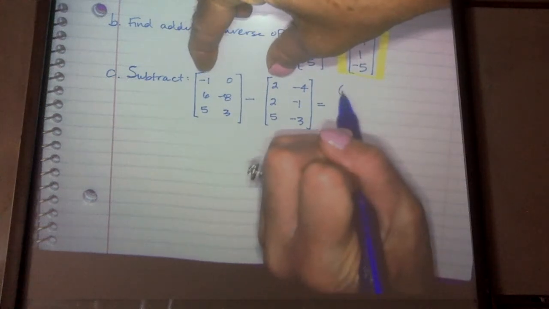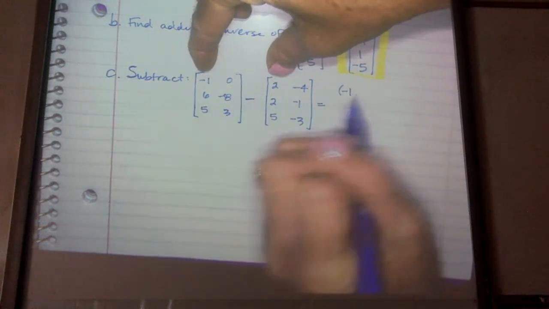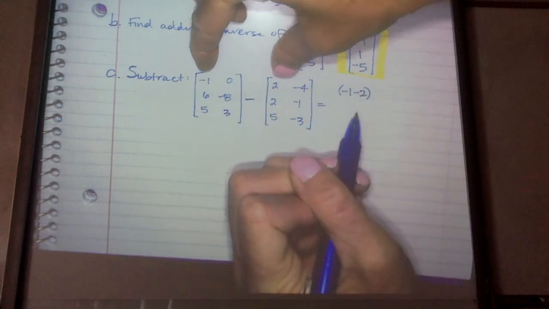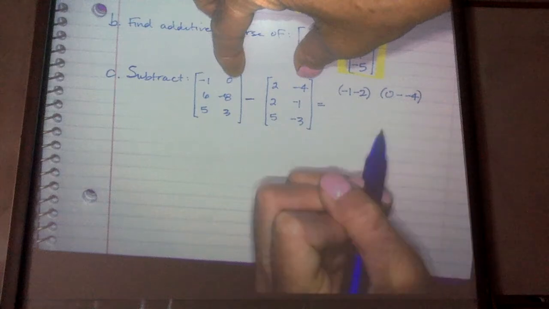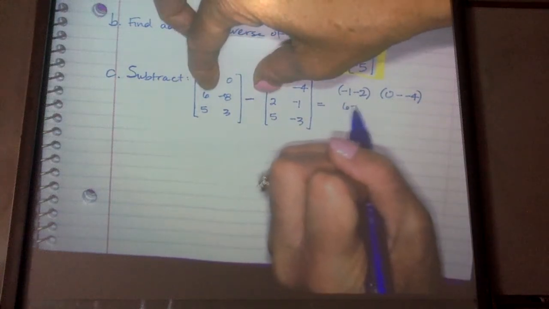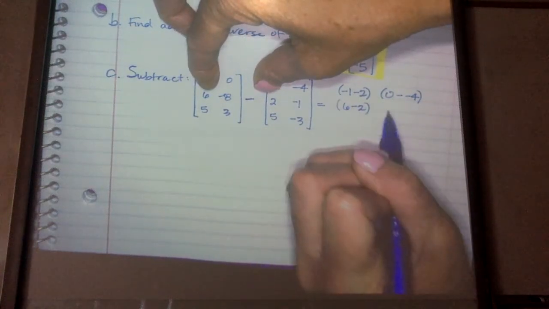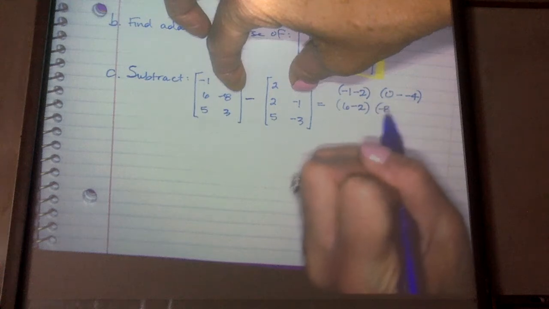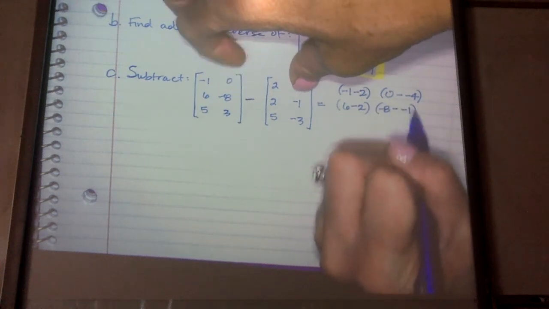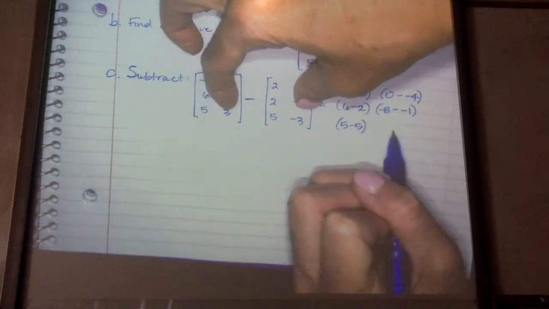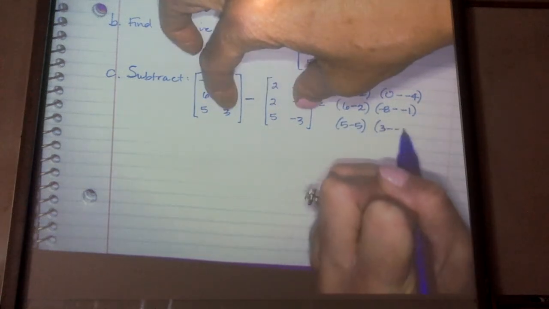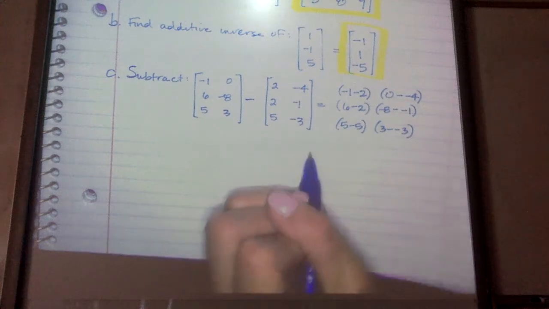So I'm going to just line them up in matching position. So this first is negative 1, but they're asking me to subtract 2. Here, I would have 0 minus a negative 4. Here, 6 minus 2. Here, negative 8, I'm subtracting a negative 1. Bottom, 5 minus 5. Here, I have 3 minus a negative 3. So I'm going to simplify that.